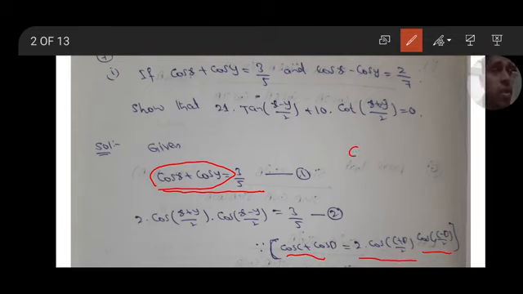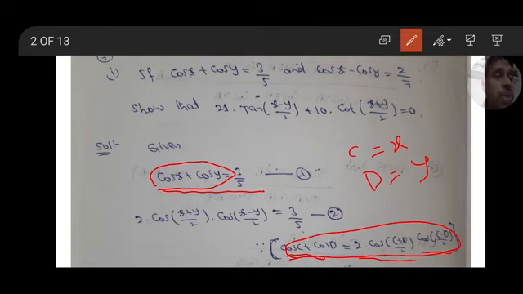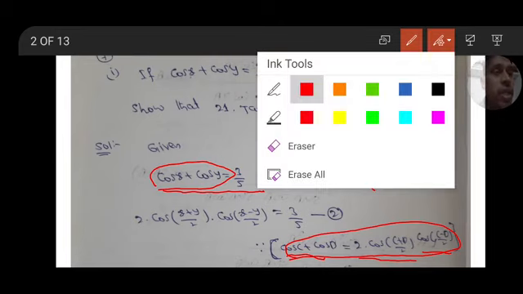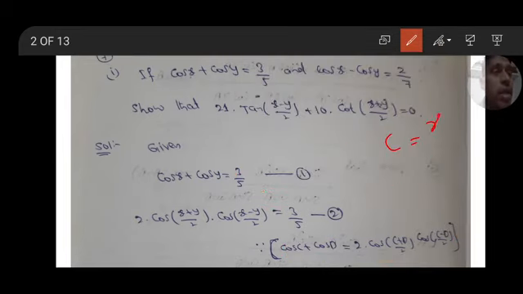Here c equal to x and d equal to y. Substituting in the formula, we get 2 into cos of (x plus y) by 2 into cos of (x minus y) by 2 equal to 3 by 5. That is equation 2.